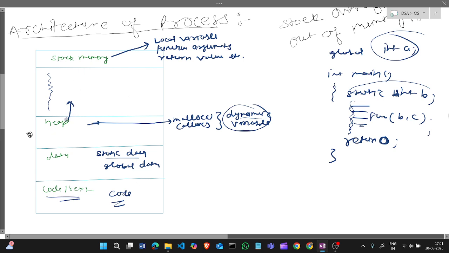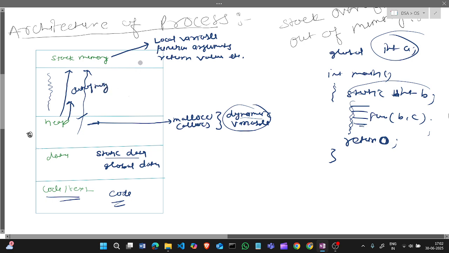If several processes keep coming one by one, then the heap memory increases, using this empty space, and the heap grows from here to here. When this is exhausted, it is called out of memory, and the message out of memory comes.